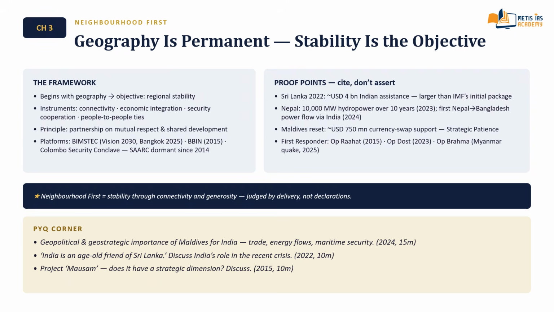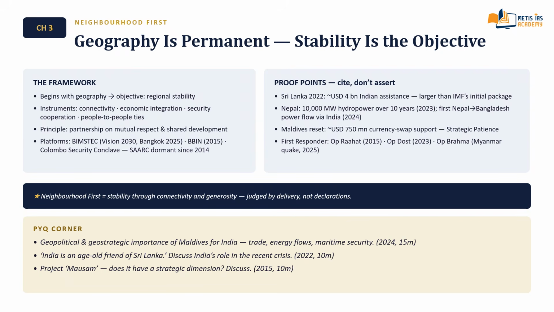Now let us understand another important transformation: India's foreign policy today is no longer confined to traditional diplomacy. Earlier, countries primarily competed through military power, territory, and political alliances.